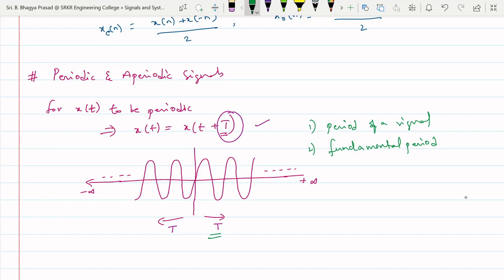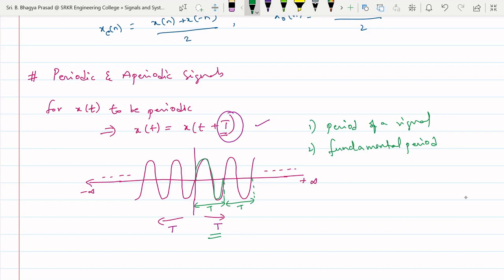I can take this shape, this point to this point, is T, and for the same time T, the same shape again repeats. So this is a period of the signal.